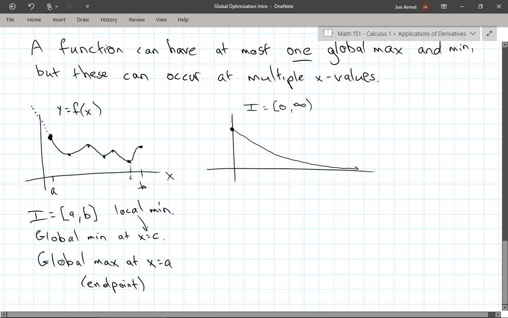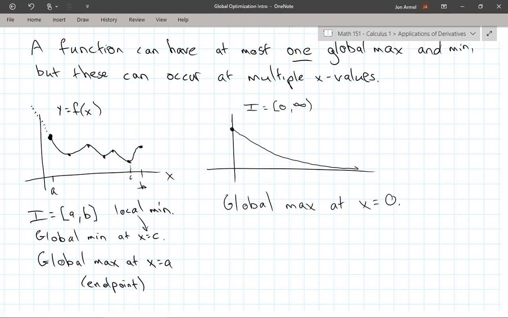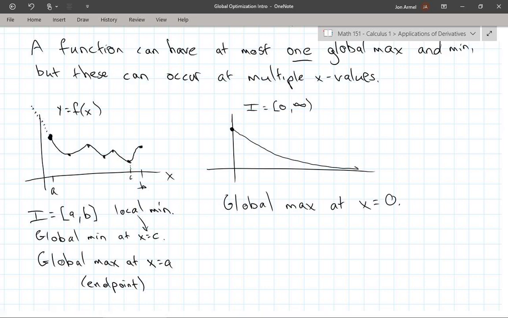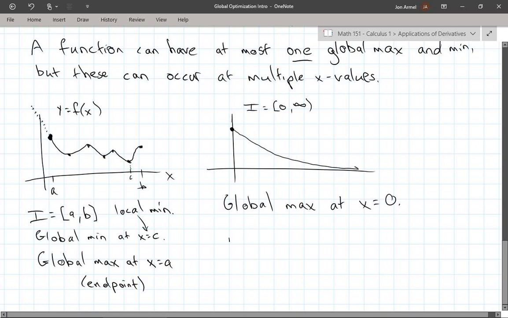Well, it is pretty clear that the global max occurs at x equals 0. So no problem there. But what about the global minimum? So let's assume that the x-axis is a horizontal asymptote for my function, and that means that the function gets closer and closer to 0, but it never actually gets there. So there isn't a global minimum. This function has no global minimum.